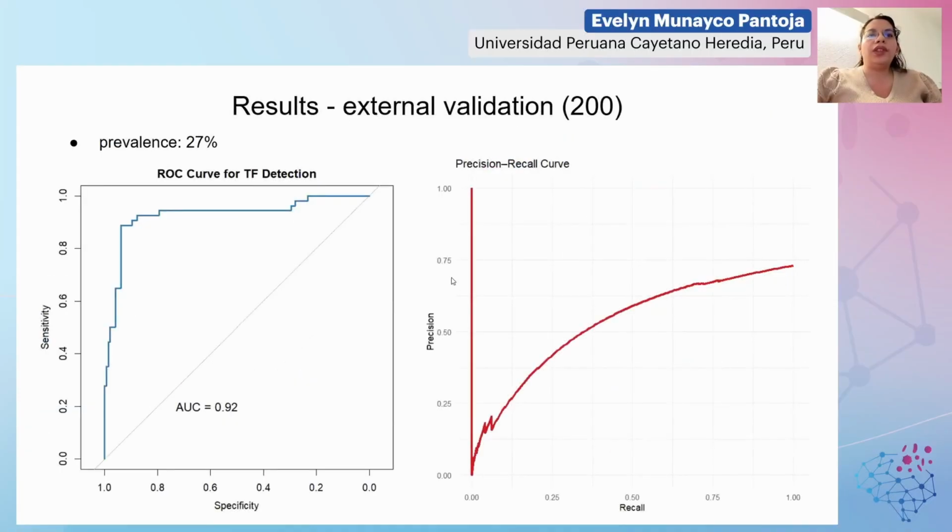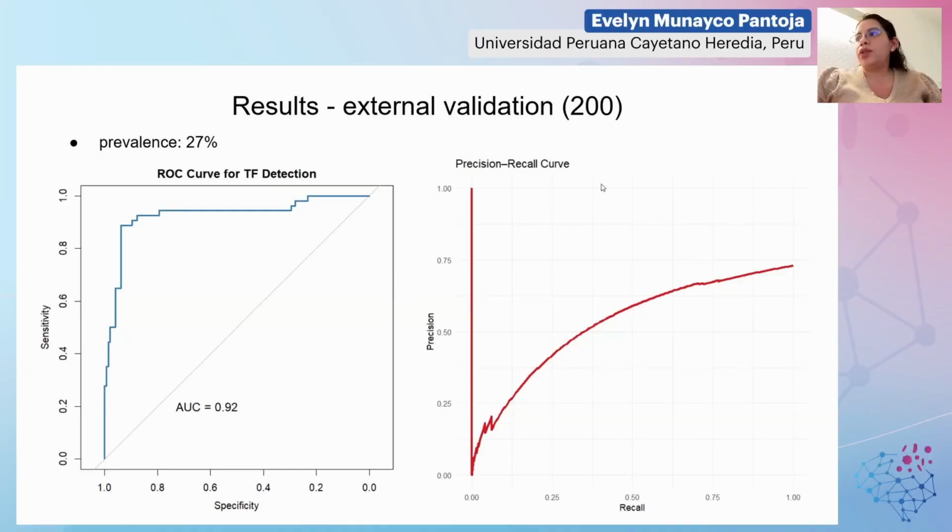Then we did an external validation with 200 photographs, because I want to know the performance of the model on other types of photographs. The prevalence was 27%. This is the ROC curve for TF detection. We have that the area under the curve is 0.92, reflecting excellent overall model performance.